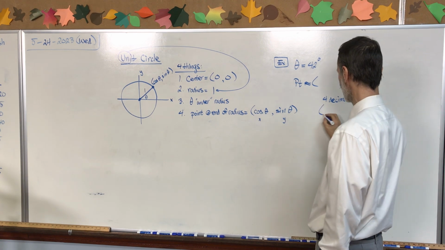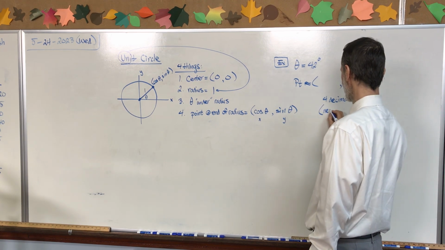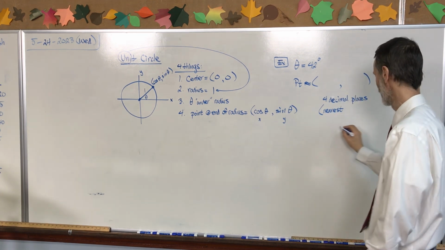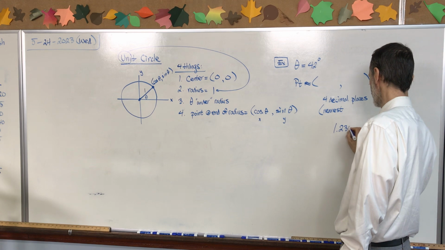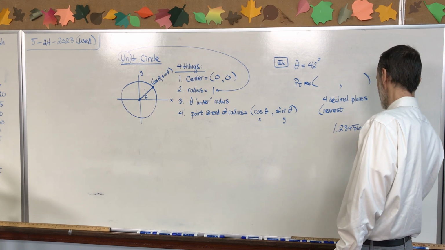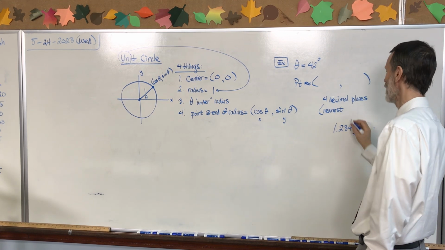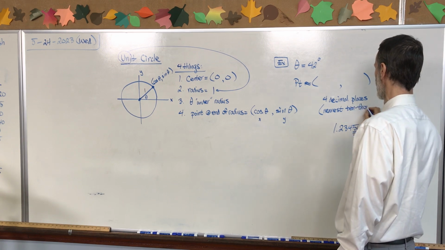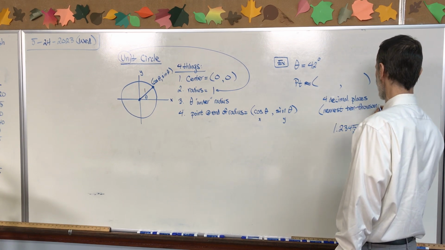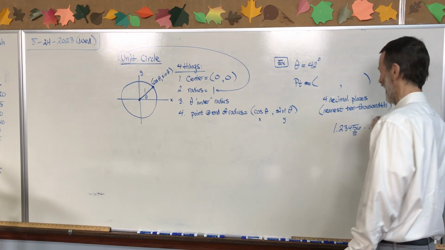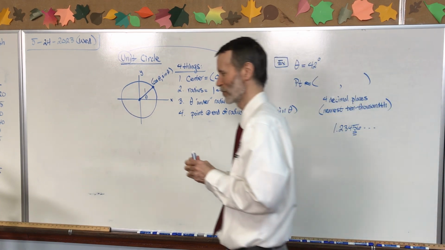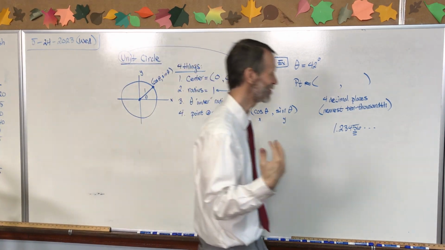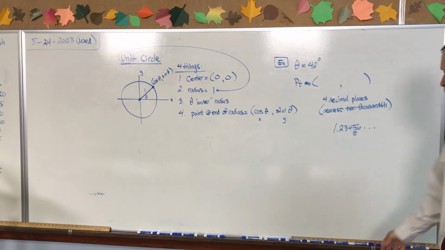For those of you who are technically minded, let me know what the place value for the 4th decimal place is, like 1.23456. Tenths, hundredths, thousandths, ten-thousandths.